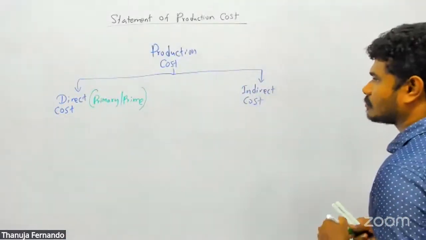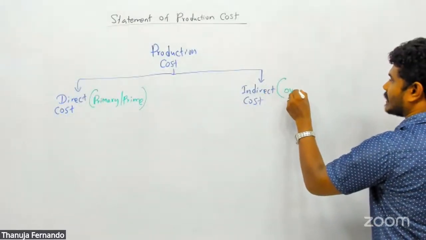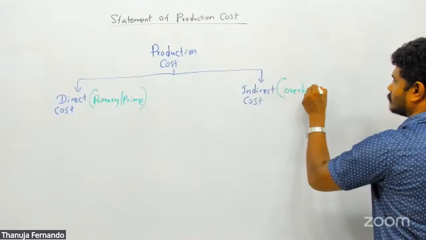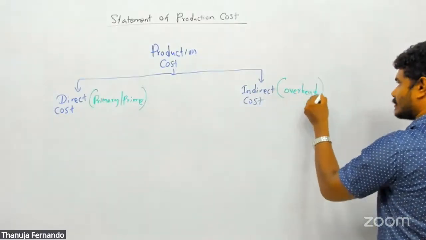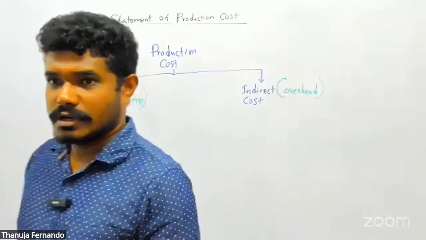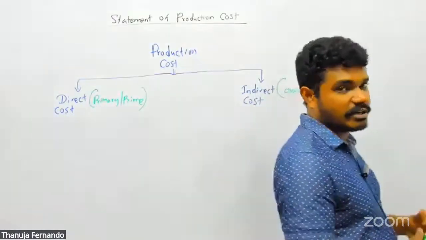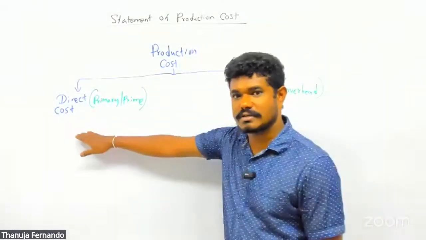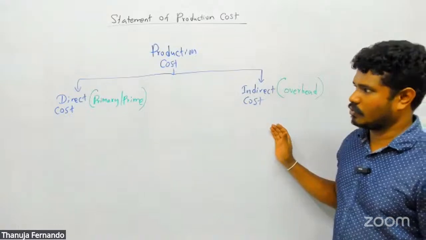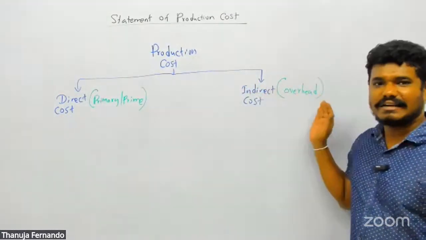And indirect cost we also consider as overhead cost. If you see somewhere overhead cost, then that is indirect cost, right? So production cost is mainly divided into two: direct cost and indirect cost, or prime cost and overhead cost.